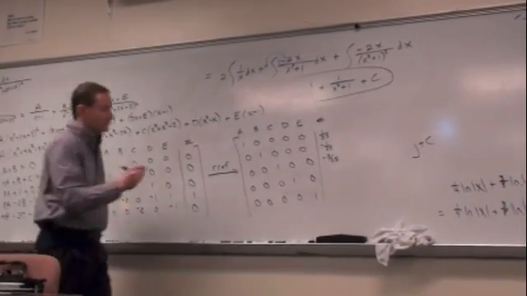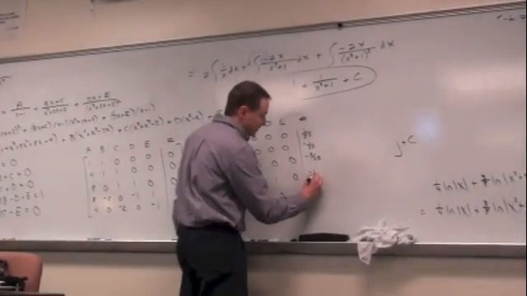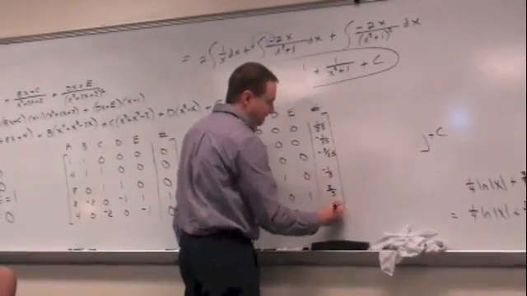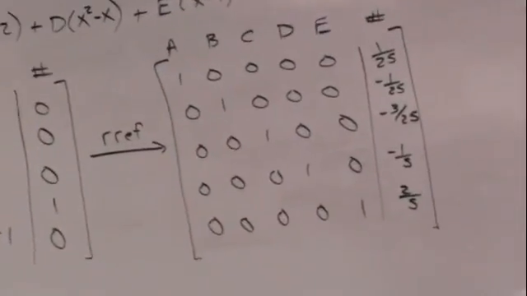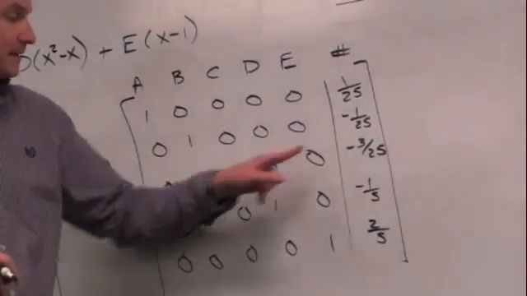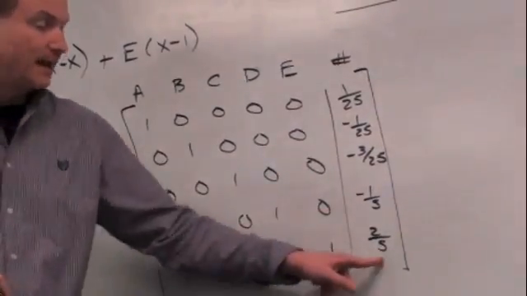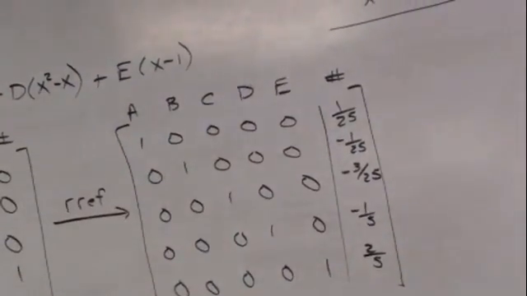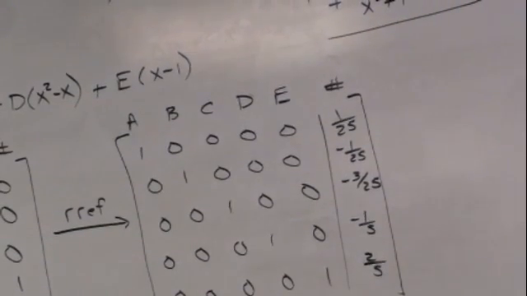Negative 1/5 and 2/5. Mine, 3/25, turned out to be something kind of goofy. And then plug that in for A, B, C, D, E. Yes, everything else is correct. This is the A, this is the B, the C, the D, and the E. So now after doing this, you'd go back in and fill in all these values.